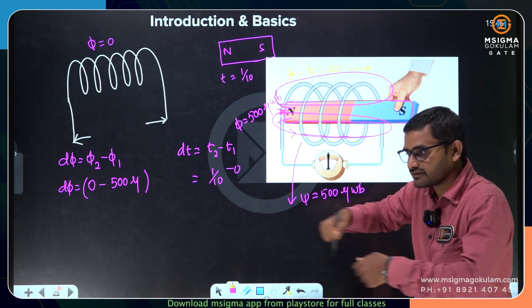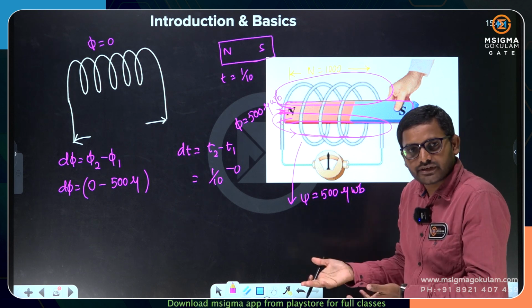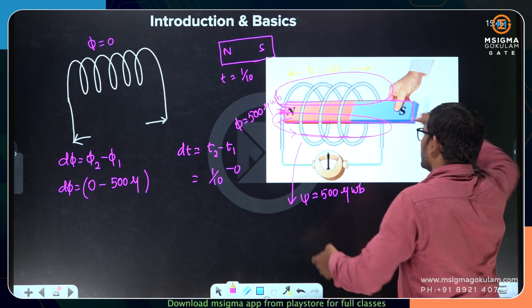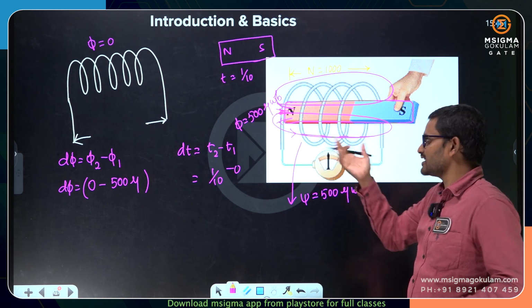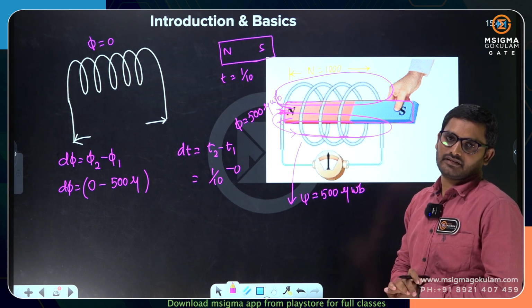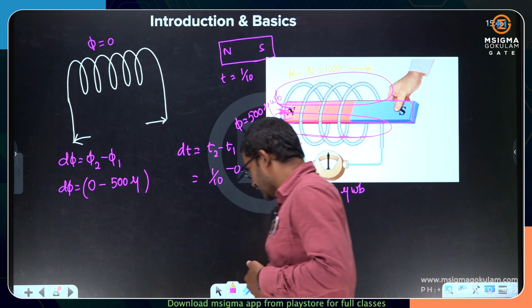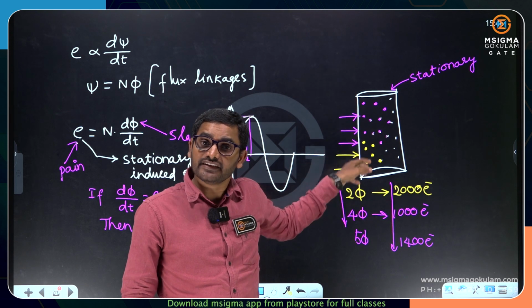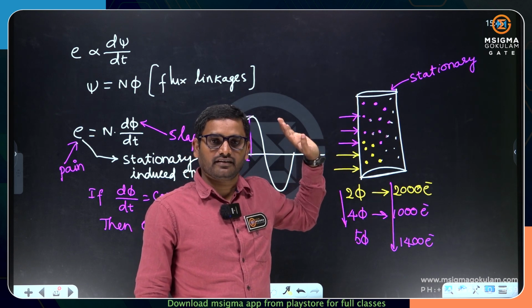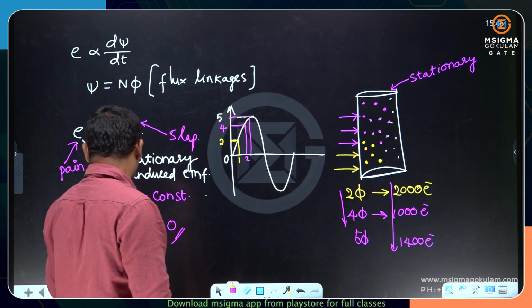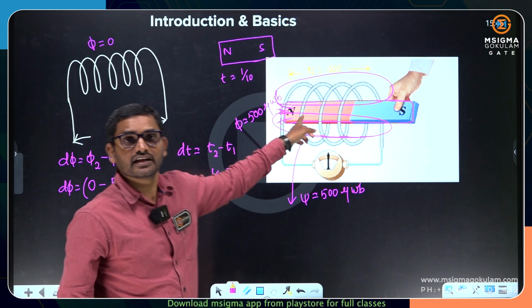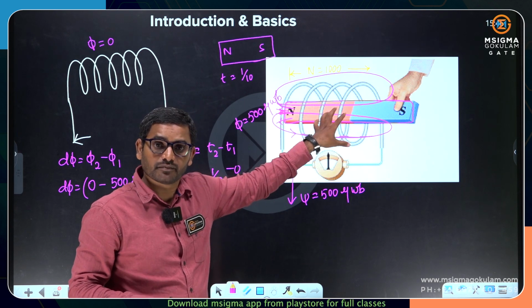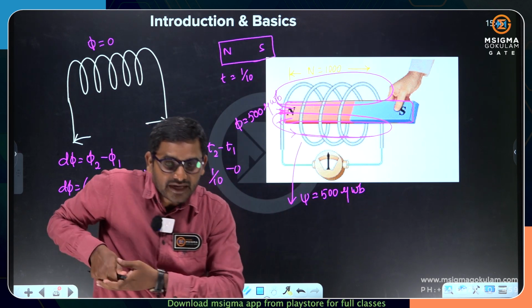We are pulling it, and according to the pulling action, the moving action, the flux linkages are changing, and hence EMF is induced. But in the discussion we had so far, to get a stationary induced EMF, a time varying magnetic field is there. In this question it's not a time varying magnetic field, it's a permanent magnetic field, but we are changing that flux by the moving action.